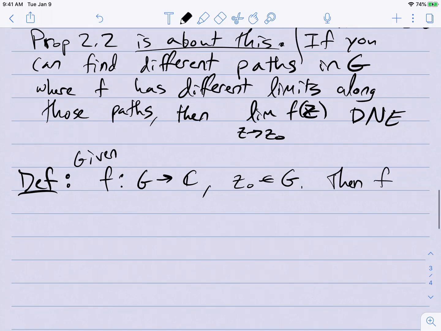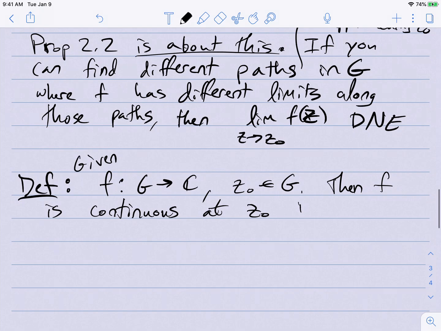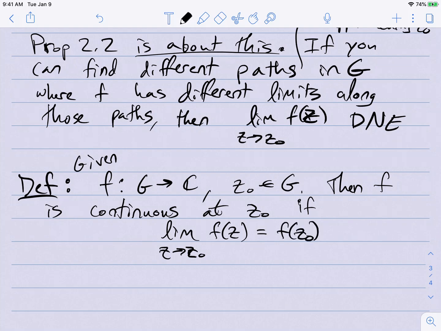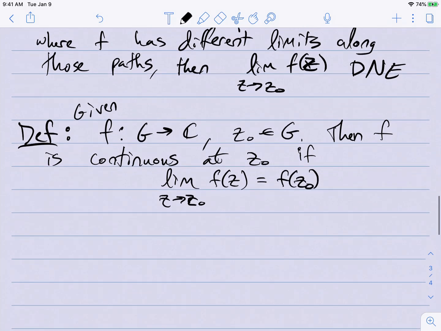Then f is continuous at z0 if, exactly what you would expect, the limit of f of z as z approaches z0 is equal to the value of the function at z0, equal to f of z0. So if z0 is not an accumulation point, then the limit doesn't make sense.